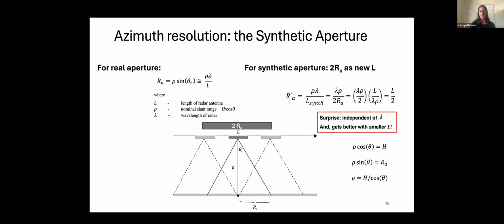And this is very surprising because it's independent of the wavelength, and it gets better with a smaller L. So this is the size of the actual satellite. If we could cleverly combine all this information in phase, our ground resolution doesn't matter how far you are, doesn't matter the wavelength; the ground resolution is related to the size of the antenna, and that is it. So that's our theoretical best ground resolution in azimuth, L over 2.